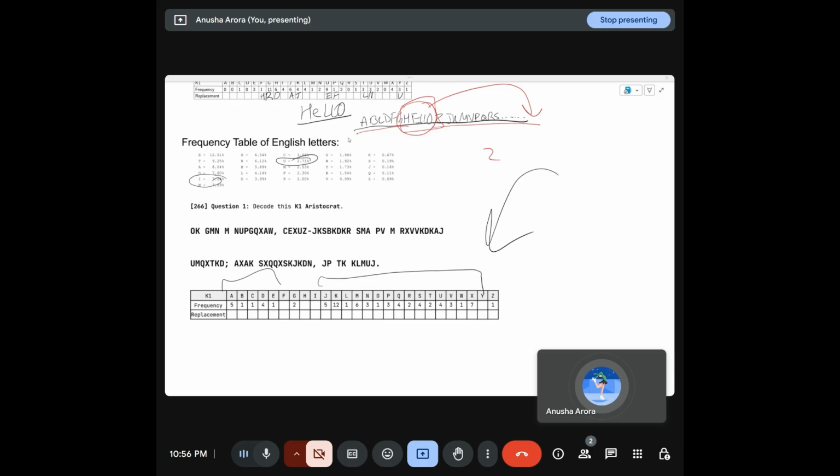So take a shot at it, and I'll let you guys know the answer in a little bit. Okay, so hopefully you paused the video by now and took a shot at solving this K1 aristocrat here.